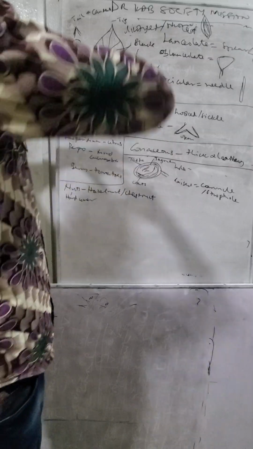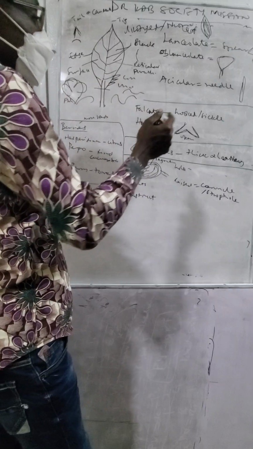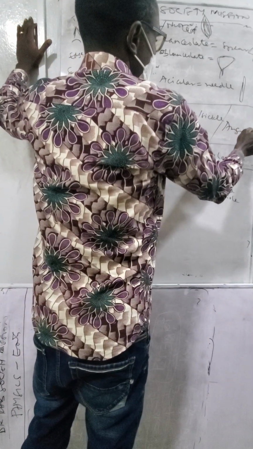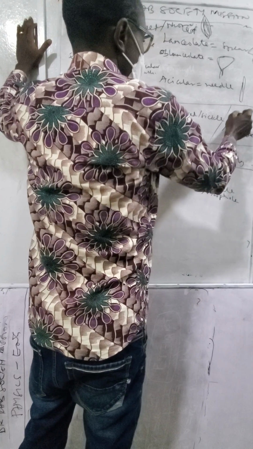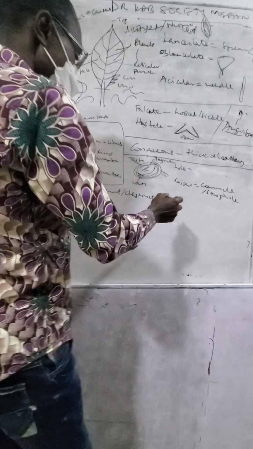Of course, the flowering plants that we have talked about are what we call the angiosperms. Angio means vessels, passages, and sperm. They have the vascular system.